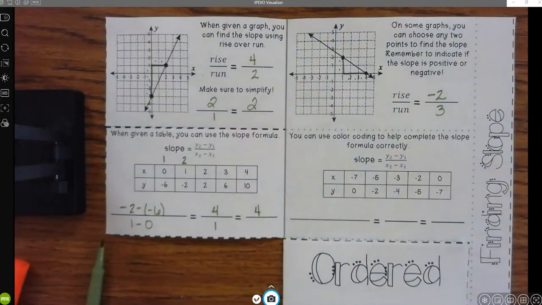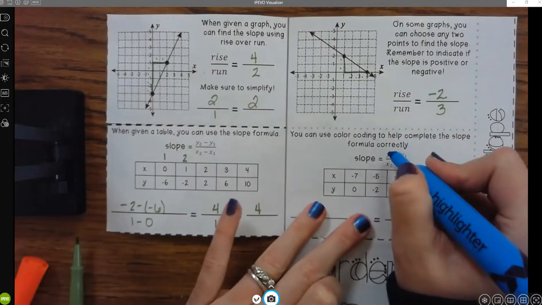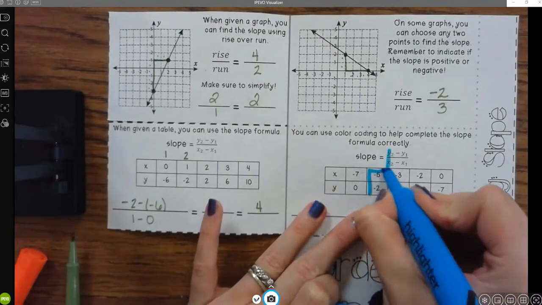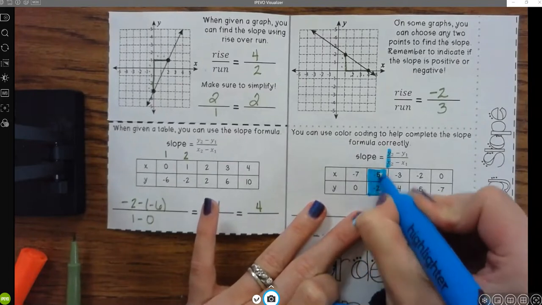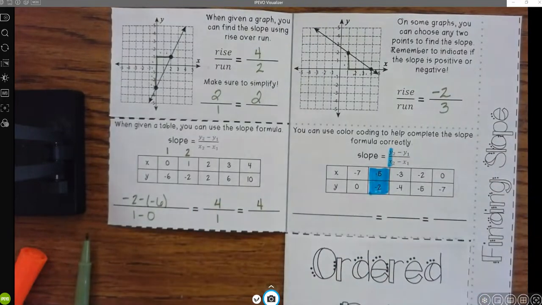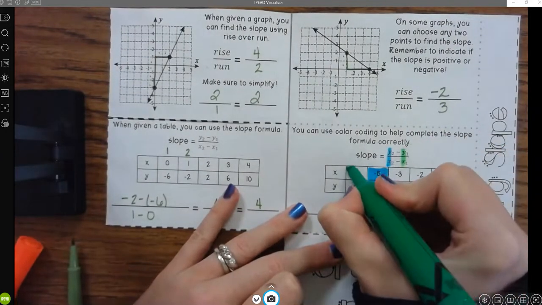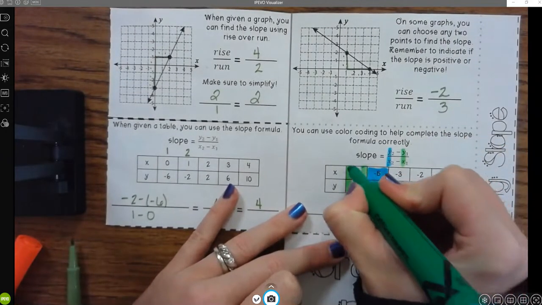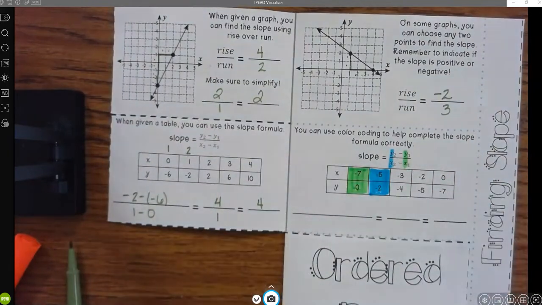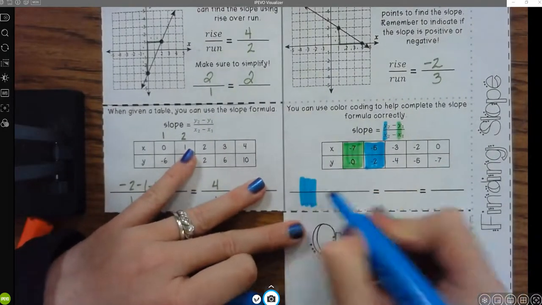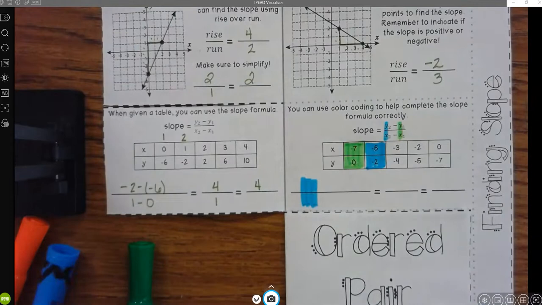So you can also color code these. You can highlight your y2 and x2, and that would be these boxes here. And then y1 and x1 would be these boxes here. And then you can set up a template for your slope formula so you know where to plug all your numbers in.